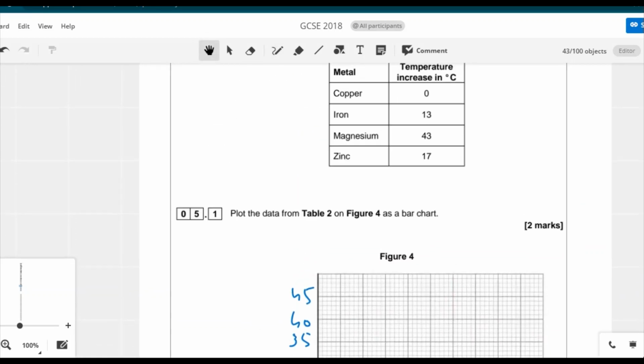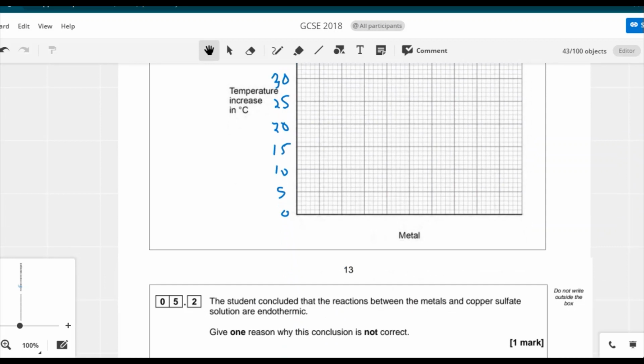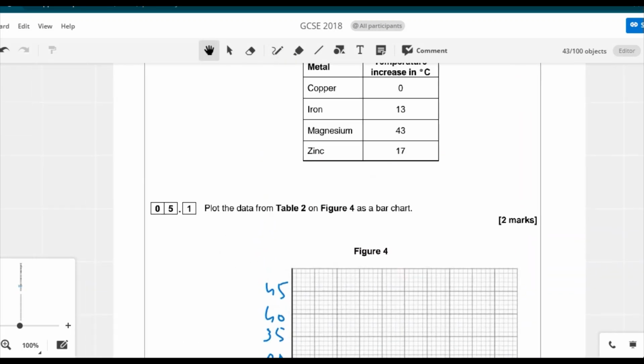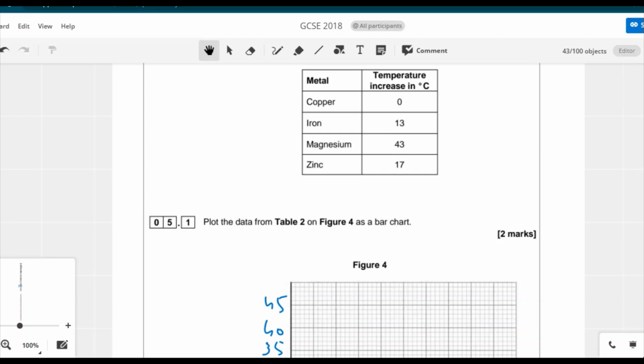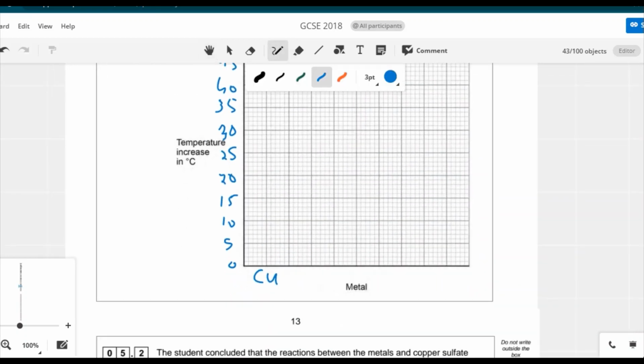First, for copper, I am going to write Cu. The temperature rise in degrees Celsius is 0, so we need to put a line over on the x-axis.